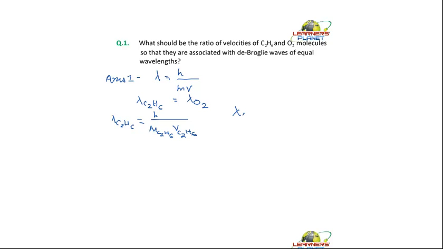Likewise, lambda oxygen is equal to h upon mass of oxygen multiplied by the velocity of oxygen.